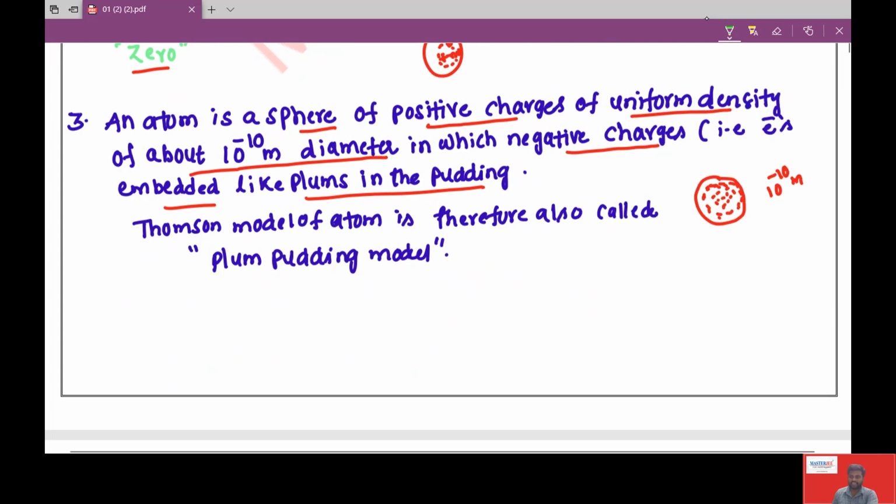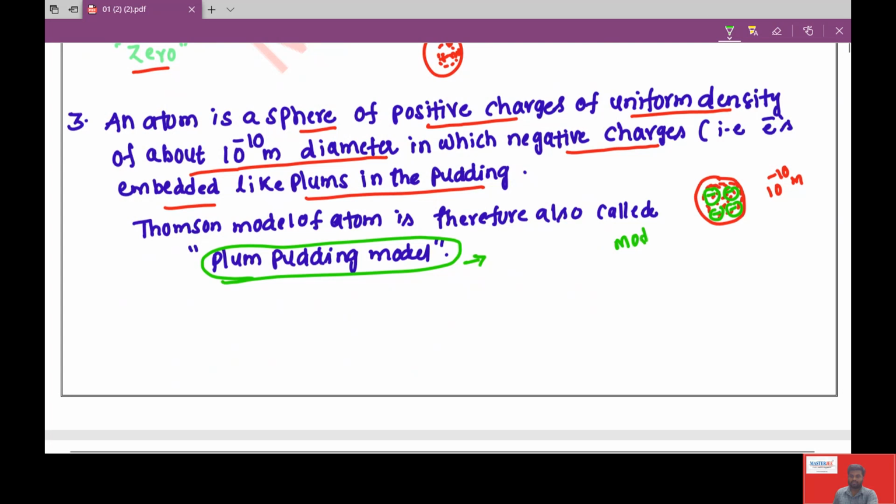So here the negative charges are embedded like plums in the pudding. And the Thomson model of atom is therefore also called the plum pudding model. We also call it the watermelon model.